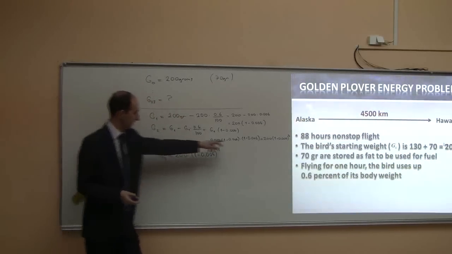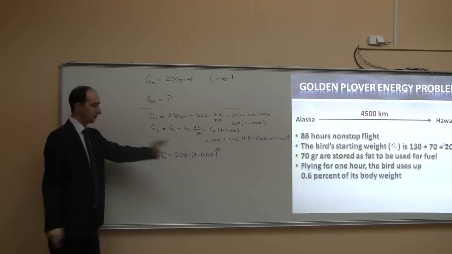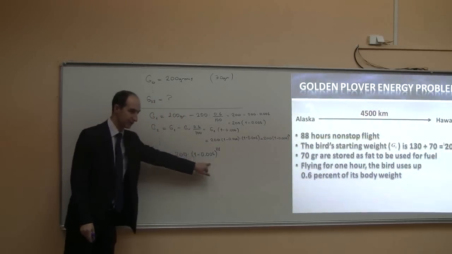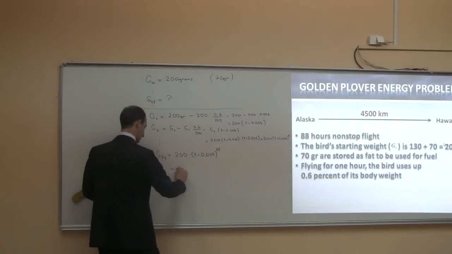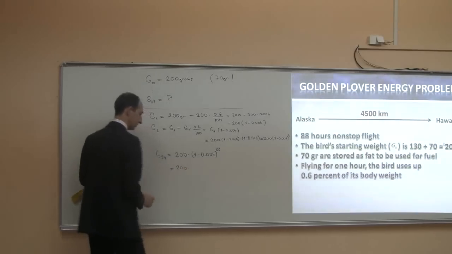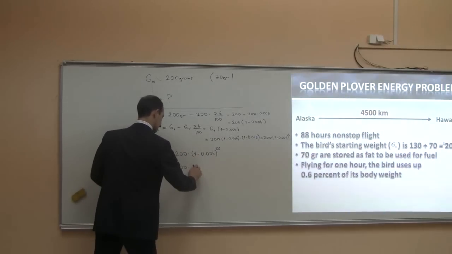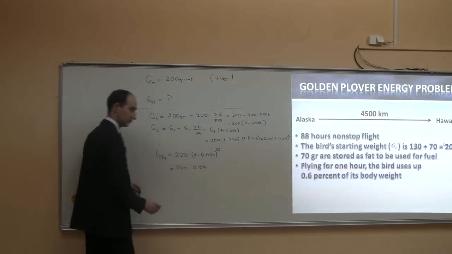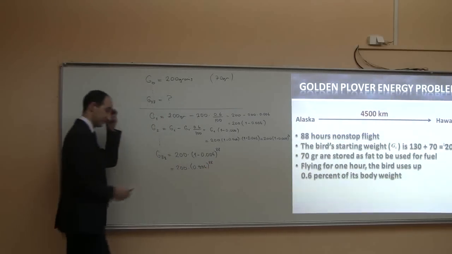For each step, look at this, we will multiply by this difference. It will be the result. Do you have a calculator? Can you evaluate this? Let us evaluate this. If you have a calculator, evaluate this: 200 times 0.994 to the power 88.